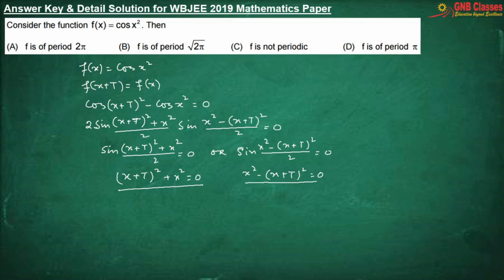And from this equation, we are not going to get any values of T which is independent of x. Therefore, f(x) equals cos x square does not have any period. So it's a non-periodic function, hence option C is correct. This question can be treated as a moderate one. Let us move to the next problem.